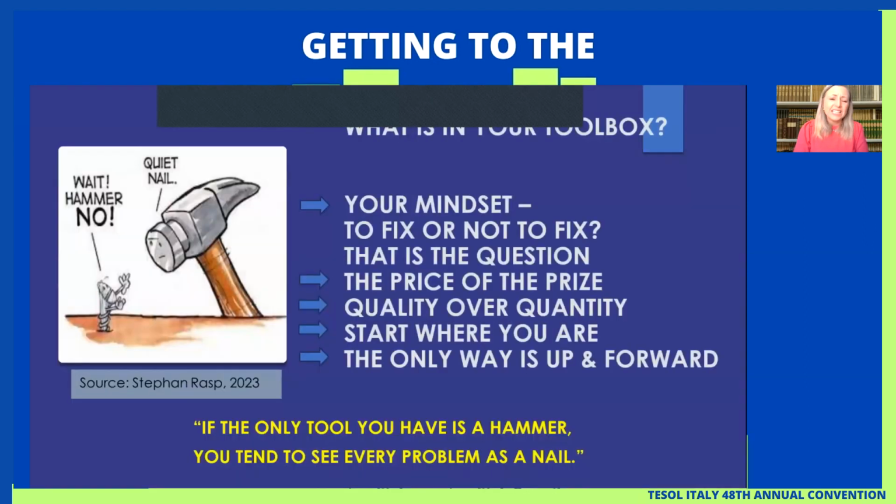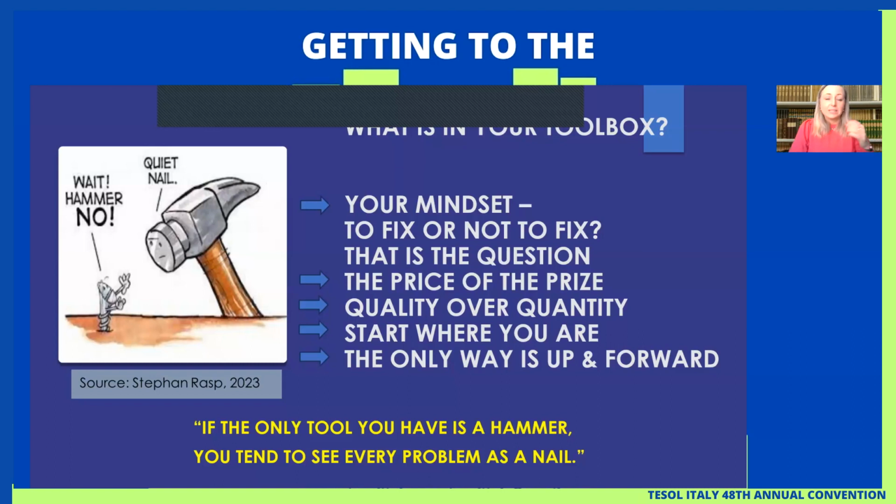Introducing something new. Why is that so important? If you think about your toolbox, the same resources, the same approach, the same mindset, what is the danger? Well, if the only tool you have is a hammer, you tend to see every problem as a nail. So you may start using some labels, or you may just see those things not as they should be seen.